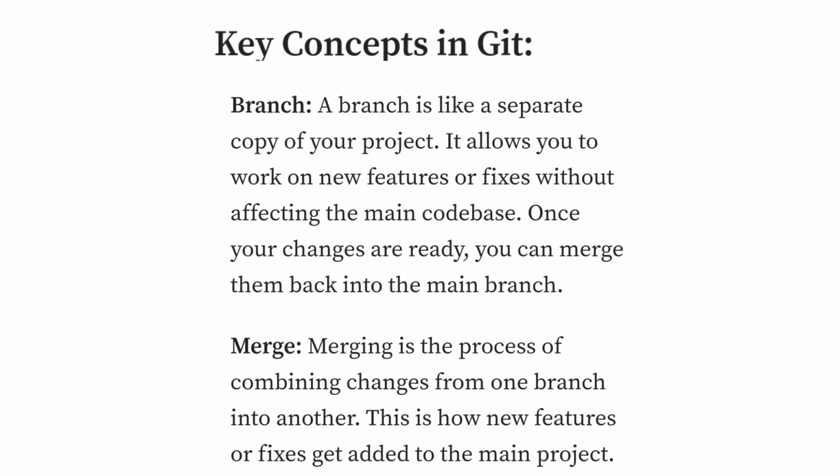A branch. A branch is like a separate copy of your project. It allows you to work on new features or fixes without affecting the main code base. Once your changes are ready, you can merge them back into the main branch. Merge.